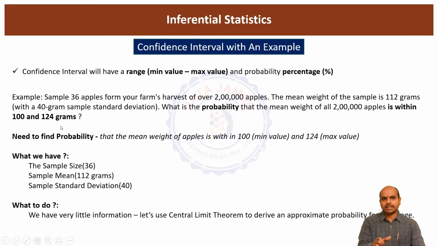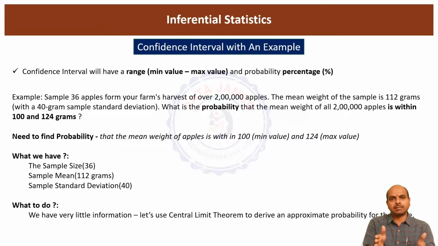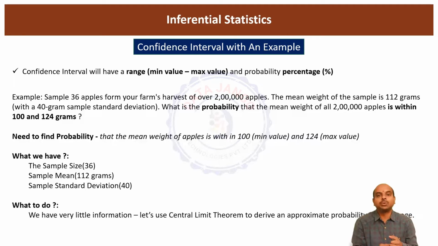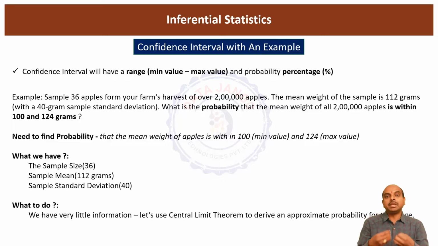So here in the confidence interval we have got the interval, but we need to find the confidence score. In this problem statement we have got the confidence interval 100 and 124, the range, but we need to find the percentage, the probability. How confident are we that the 200,000 apples' mean weight is going to be in the 100 to 124 range?